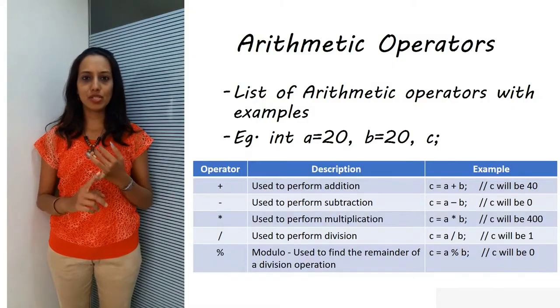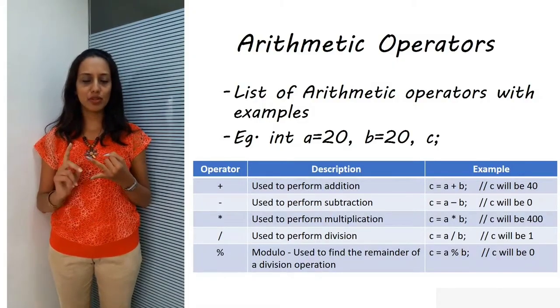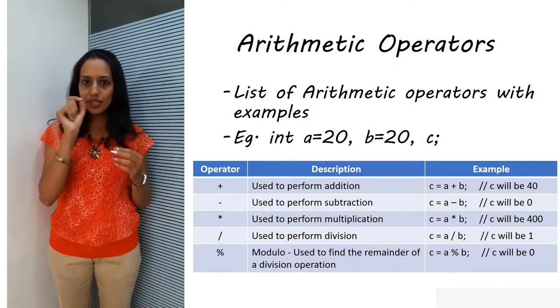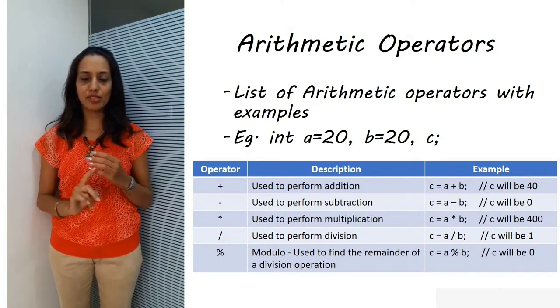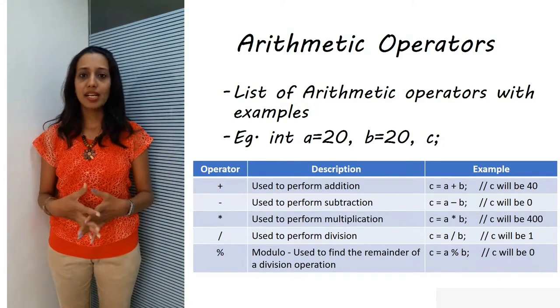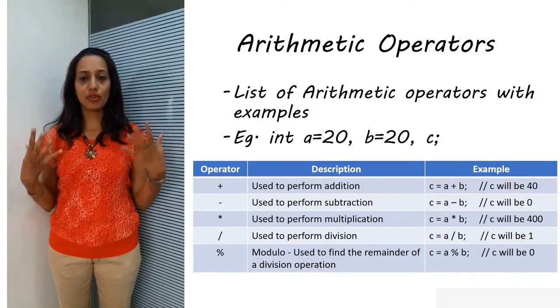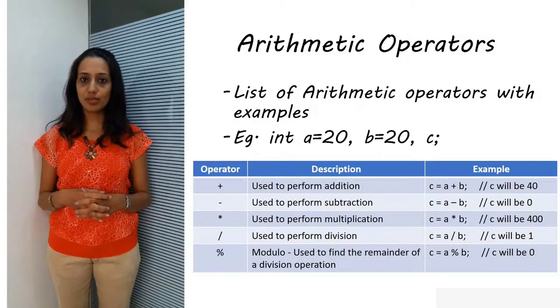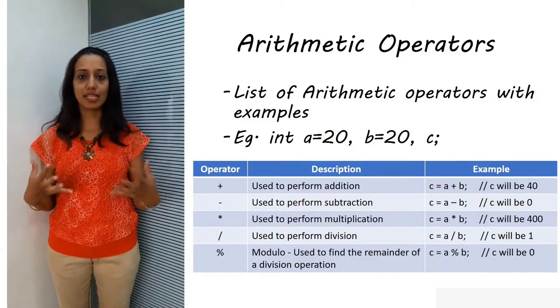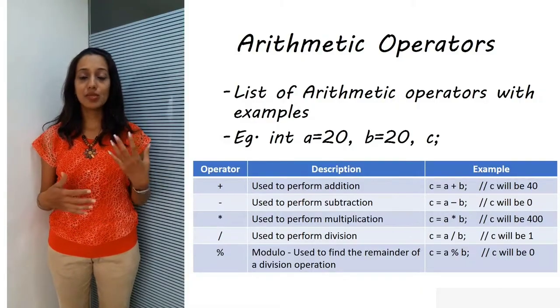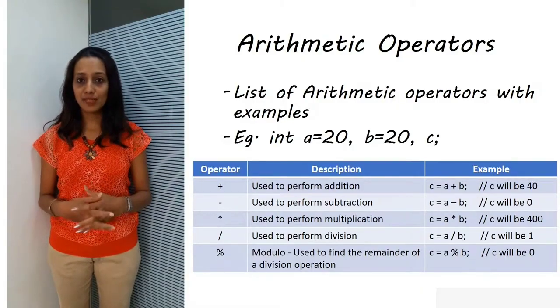Just like plus is used for addition and minus for subtraction, instead of the cross we use the asterisk symbol in Java for multiplication, the forward slash for division, and the percentage symbol for modulo, which means you will get the remainder of a division.